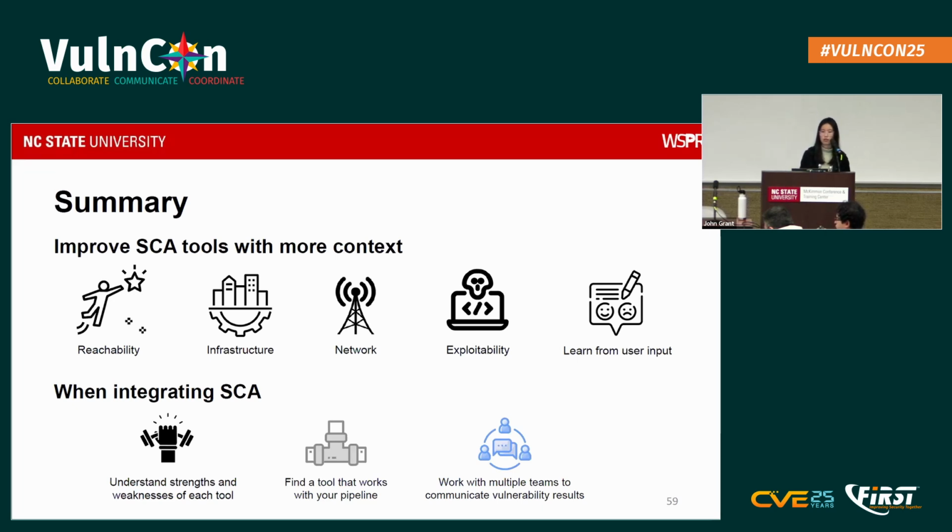All of that would really help SCA tools improve. And when you're integrating SCA tools, keep in mind that different tools have different strengths, and finding a tool that works well with your pipeline would really help so you prevent future challenges when you're running SCA scans.